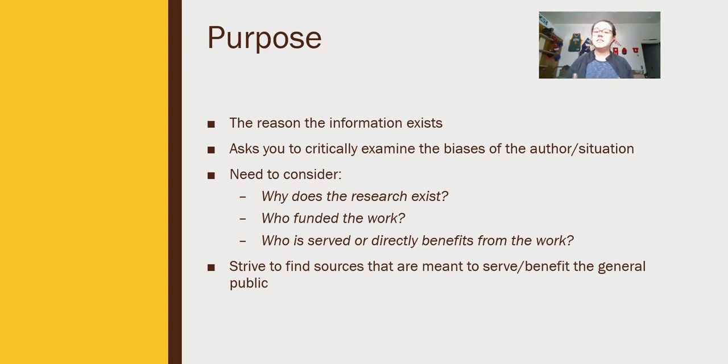You also want to consider who funded the work. Most of the time you will see either government agencies, universities, publicly funded sources who are more often than not publishing in the academic journals that you'll come across.